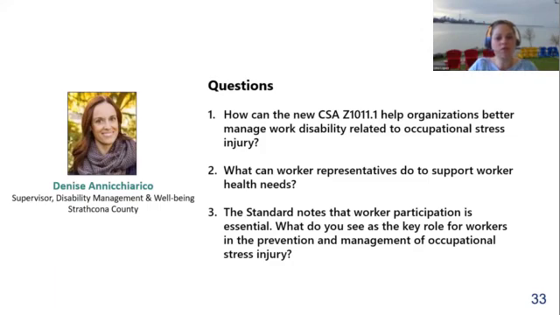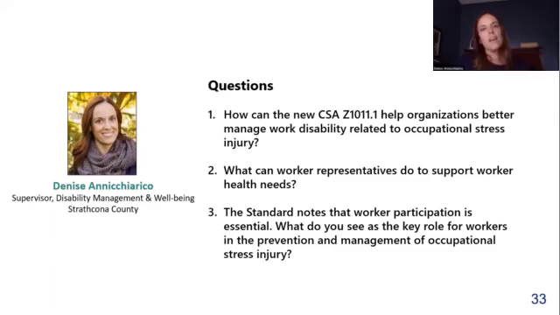Thank you. Going to question number two, what can work representatives do to support worker health needs? So certainly I think that union representatives play an important role in the guidance and the support of their members in a general perspective, but also on a case-by-case basis.